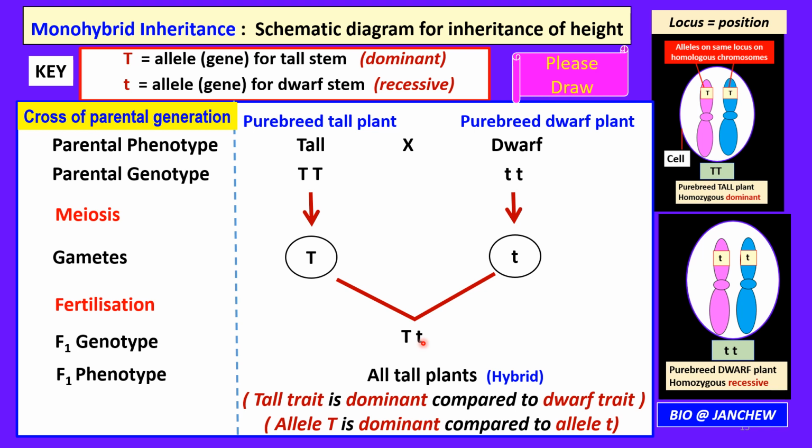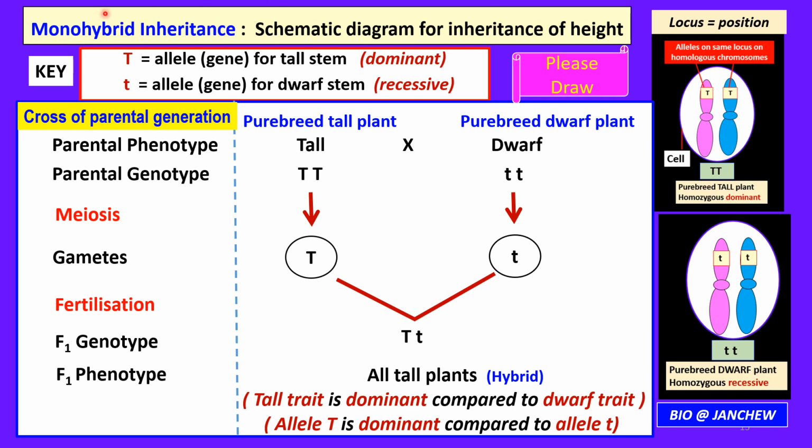So this recessive allele, small t, which is the allele for dwarf stem, is not able to express its trait in the plant. Okay, so that's why all the plants are tall, because the recessive allele cannot express its trait at all, as its effect is suppressed by the dominant allele. So only the dominant allele will express its trait, or show its trait. So all the plants are tall.